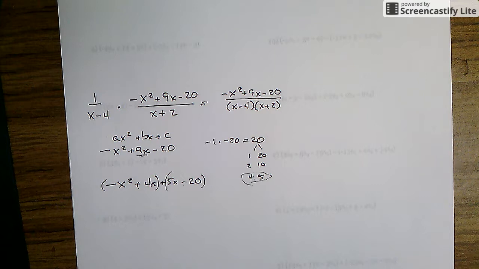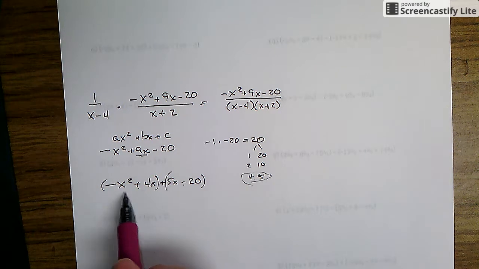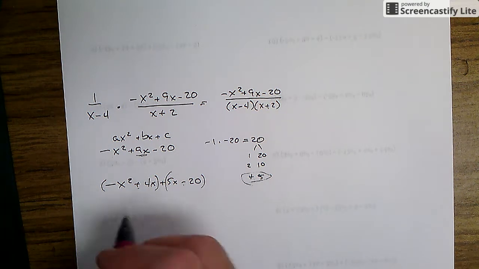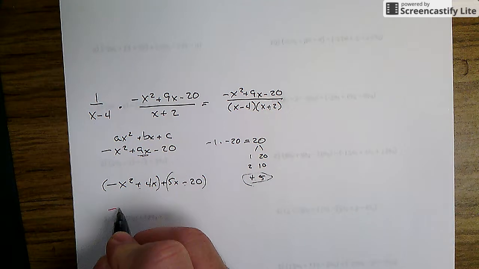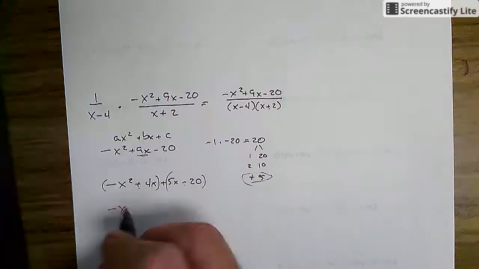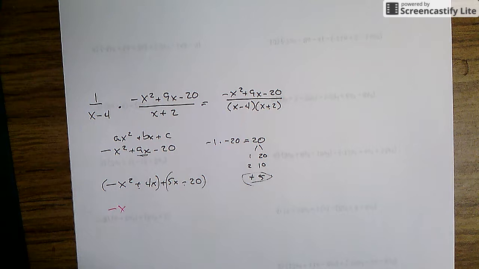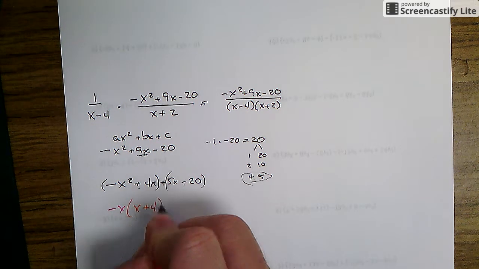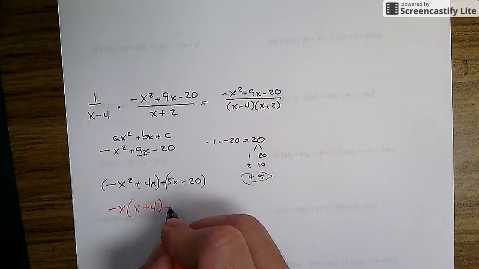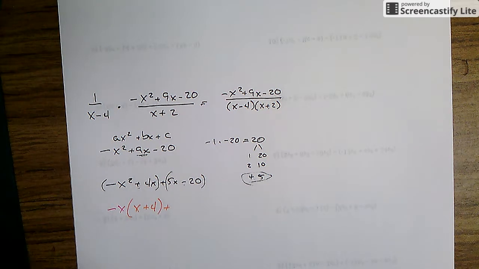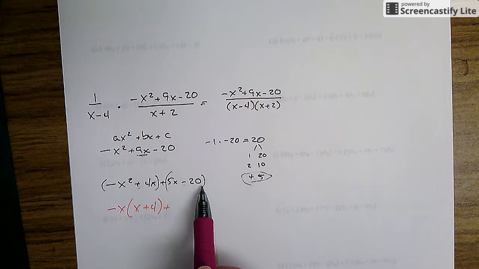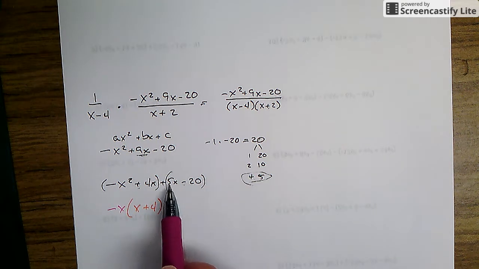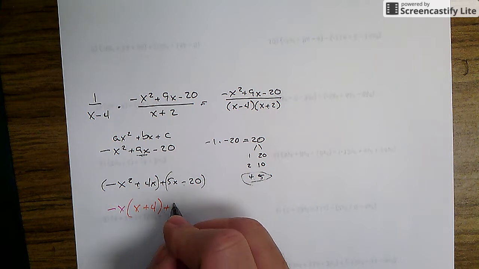So if we look, I can factor out of this first expression a negative x, and that's going to leave me with x minus 4, oh sorry, x plus 4. And then my plus. And in my second expression, 5x minus 20, I can factor out a 5 because 5 is the greatest common factor for 5 and 20.